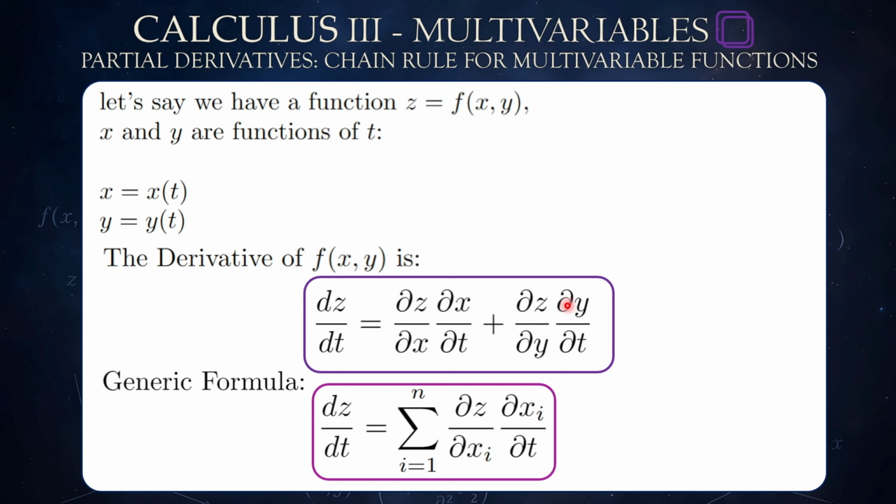So you have x, y, z, w, but all of them are in respect of t. You chain rule them using this method.